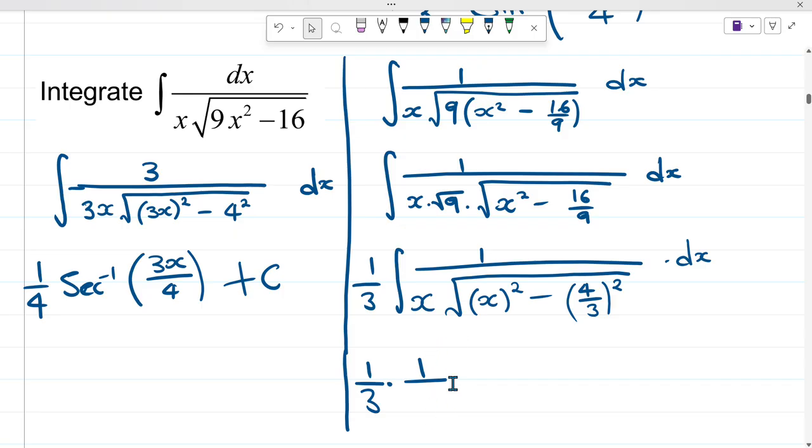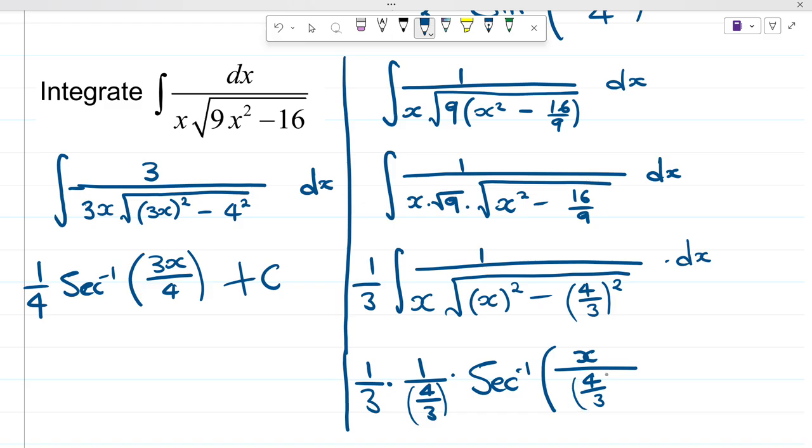The formula says that when you have this format, your answer is equivalent to 1 over a, and the a here is 4 over 3. So that's going to be 4 over 3 multiplied by the sec inverse of what? Our f of x, which for this case is x. So I'm just going to write that x divided by a. My a here is 4 over 3, then plus c.